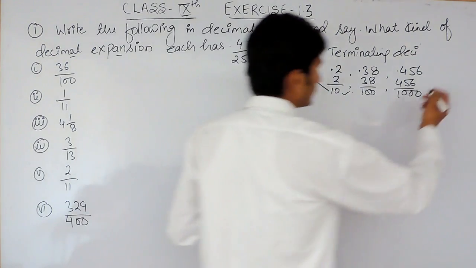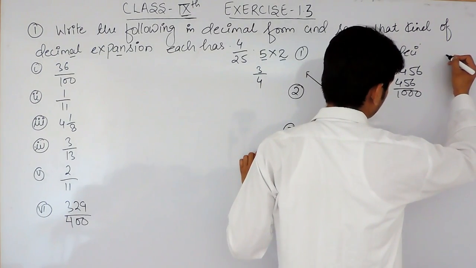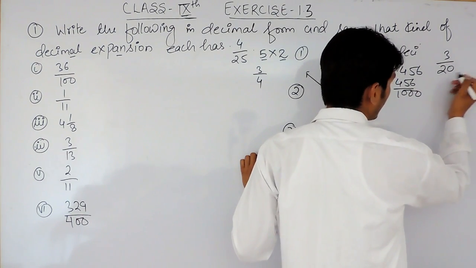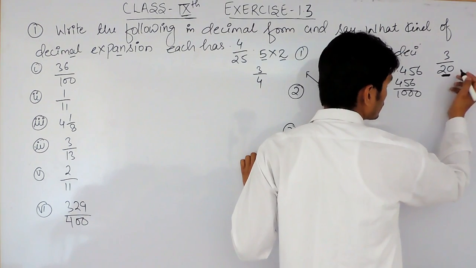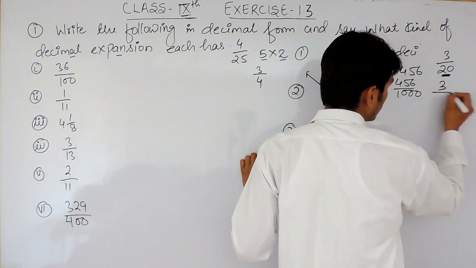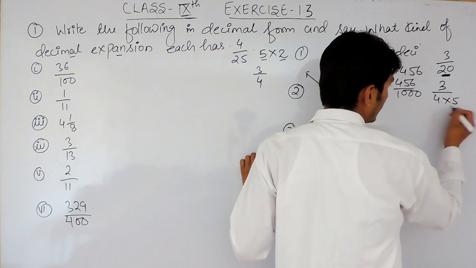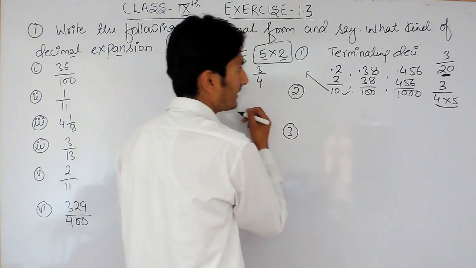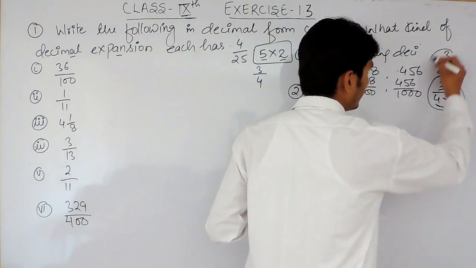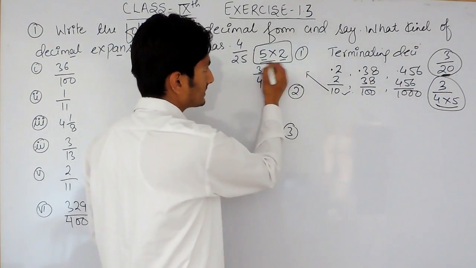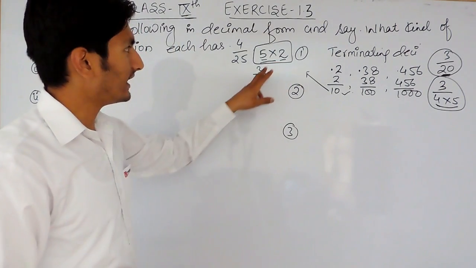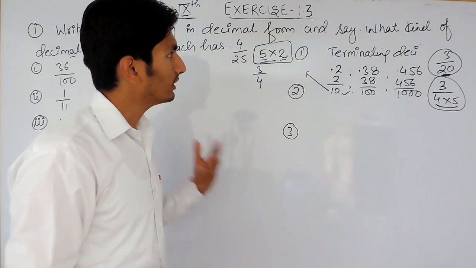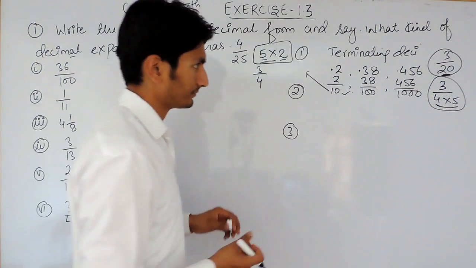And if I say 3 upon 20, again this will terminate because 20 can be written as 4 into 5, again only powers of 2 and 5. So this is the condition by which we can find out which are terminating decimals.